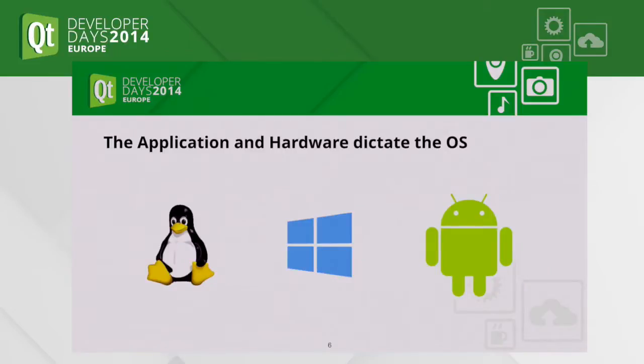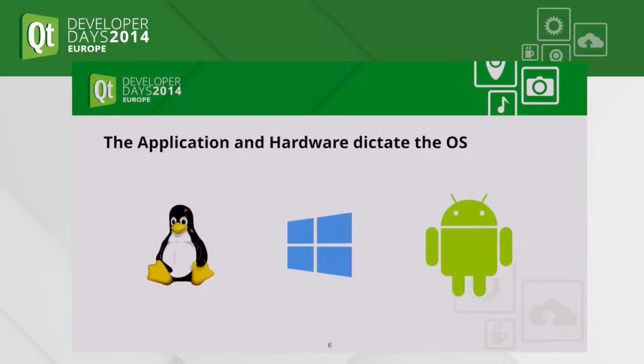And then another thing to consider is that both the application and the hardware will dictate what kind of operating system you'll actually need to run. In some cases, you have hardware that needs a custom kernel, things like that. So you can run Linux, you can compile it, you can write the drivers yourself, you can do all the things you need. Use Linux.